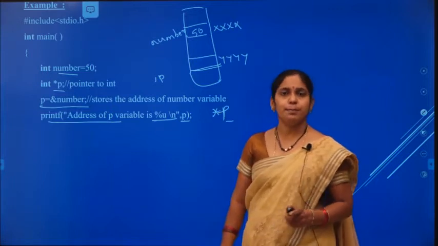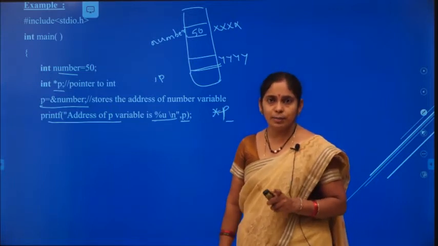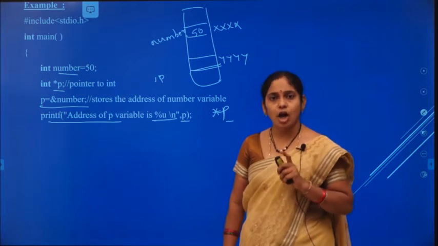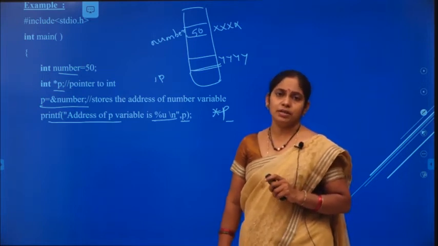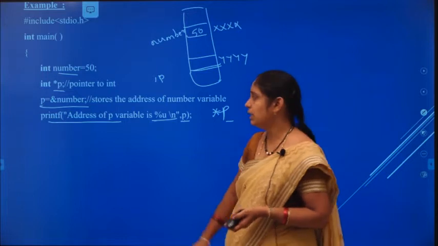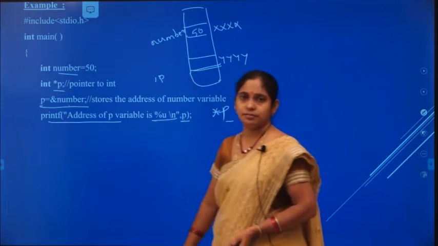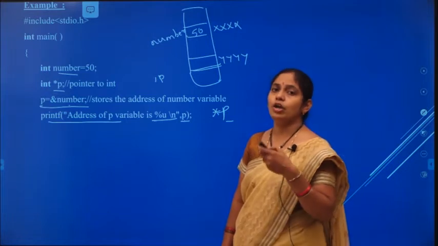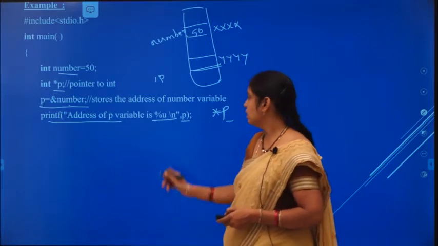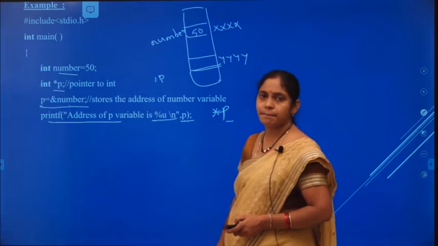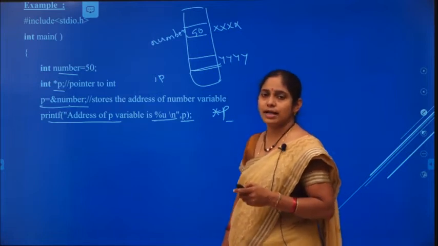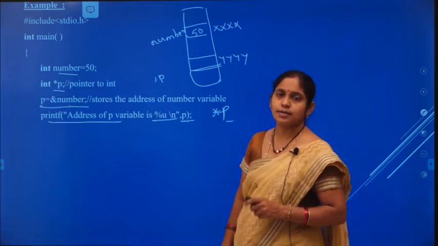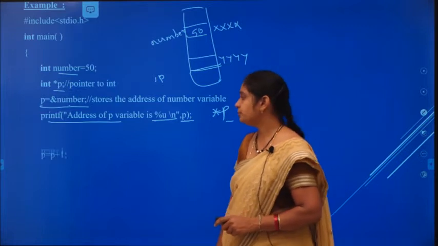Star p is different, p is different. p means the value of p will be displayed, which is nothing but the address of that number. Star p means the value of that number, right? So, p means whichever address it stored, that address will be displayed to us.